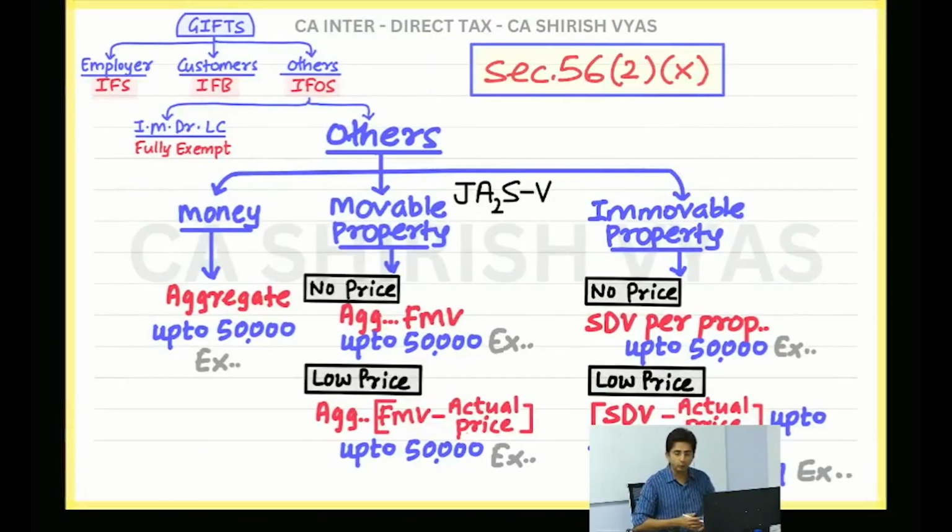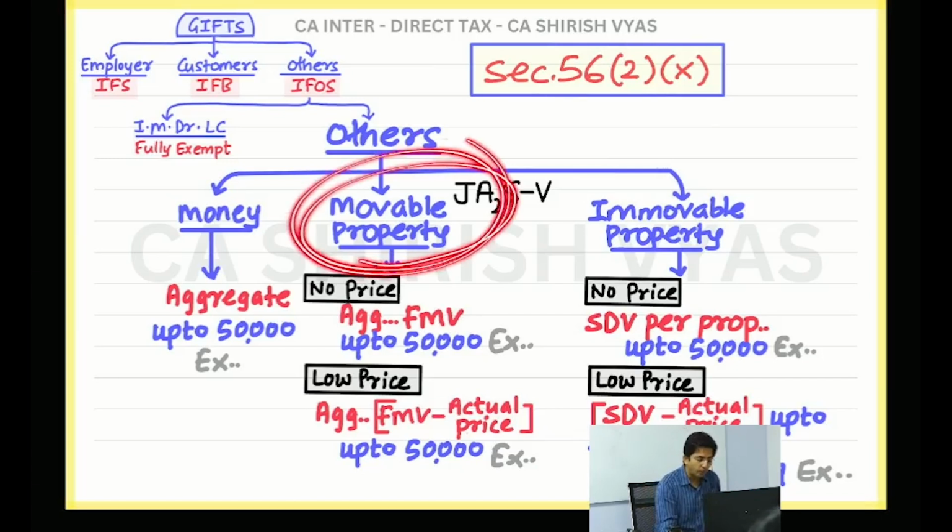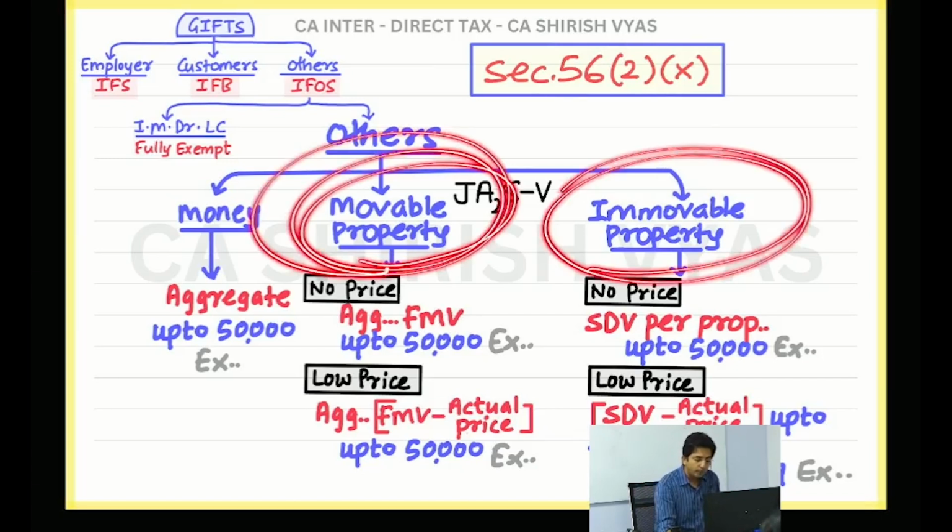Okay, now look at this. What is the point? Whether it is movable property or immovable property, if it is stock in trade for you, there is no need to pay tax on the gift, whether below 50, above 50, whatever.